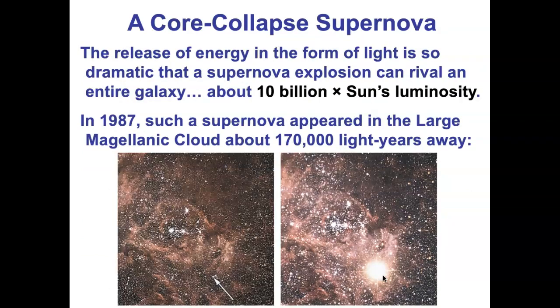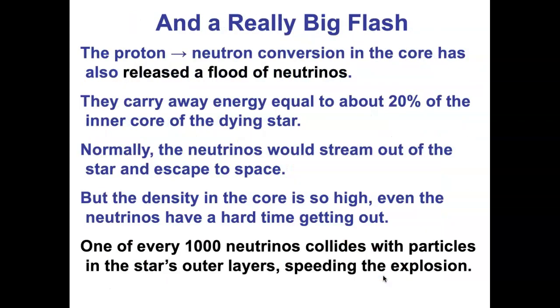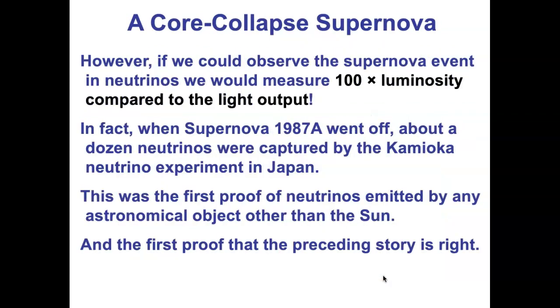So about 1 in 1,000 of the neutrinos that got emitted from the core actually hit anything. The other 999 flew out of the star and then got to Earth a few hours before the light did. 1 in 1,000 neutrinos actually hit anything.